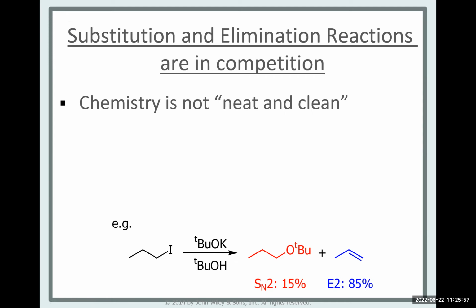I think sometimes when we write things down on paper, we're like A plus B yields C, and we get 100% yield of C, and that's the only product we have. But in real life, if you mix A plus B, you usually get C plus D plus E, and then maybe it's interacting with a solvent too, so you might get E, F, and G too. And a big job of an organic chemist is purifying all the different products you get to focus in on the main one that you want.